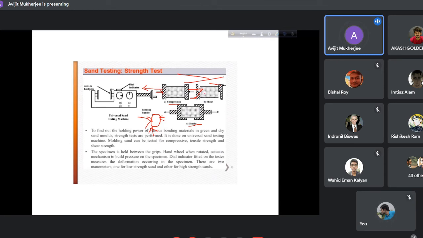So shear, compressive, tensile strength can all be measured. And most likely you are also familiar with the material testing laboratory, where impact testing, tensile, compressive testing, fracture, all these are going on. Similarly, the strengths are tested, but before that, all these samples are to be prepared following some standards.